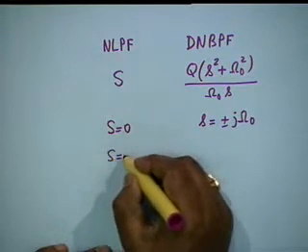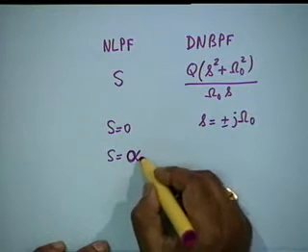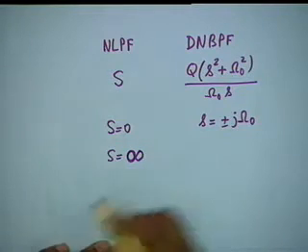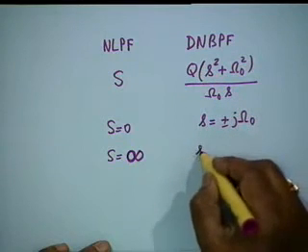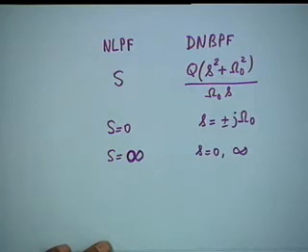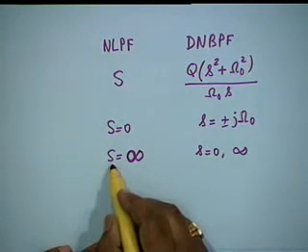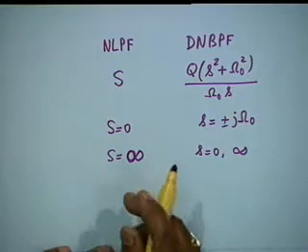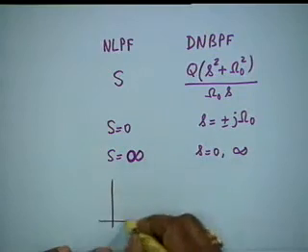And capital S equal to infinity is possible in two ways. One is small s can go to 0 or infinity. In other words, at both DC and infinite frequency, the characteristic of the low pass filter at S equal to infinity is reproduced. Low pass filter at infinite frequency should give 0 transmission.